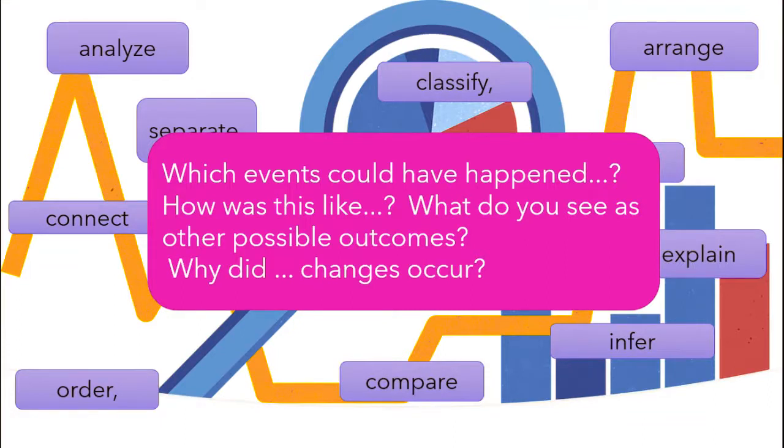Why did it change? So basically, when it comes to analysis, it is about going back to your experience in the application level and thinking and criticizing what are the things that you have learned from that and how does it compare with the comprehension and the knowledge that you have gained.